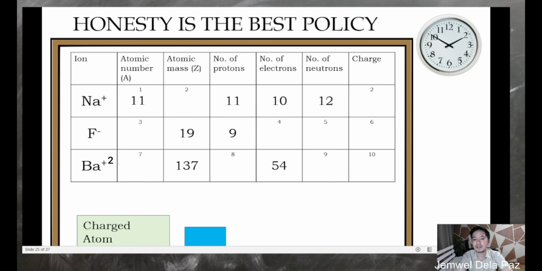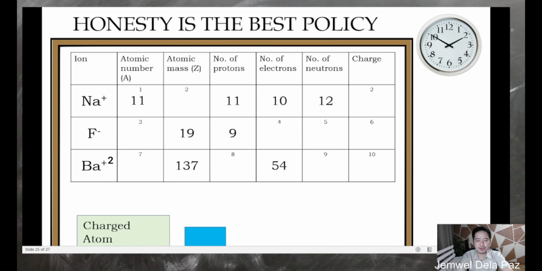Sodium has 11 protons, but if you change the number of protons from, for example, 11 to 10, that is no longer sodium, but neon. In this table, remember that whatever the atomic number of the ion is always the number of its protons. Number of electrons is 10. How did you get the number of electrons?